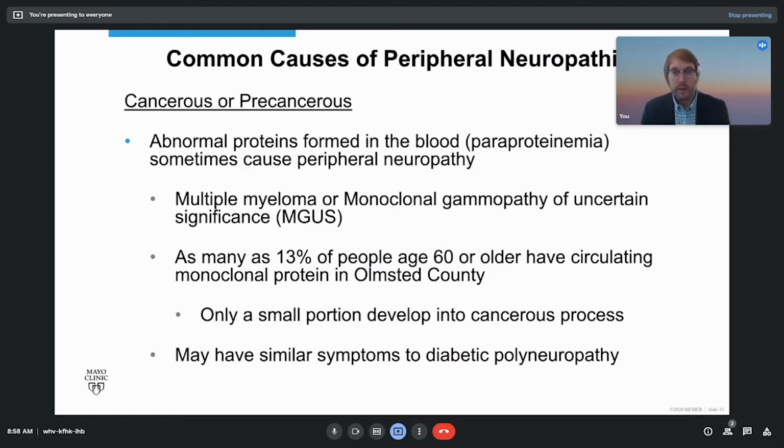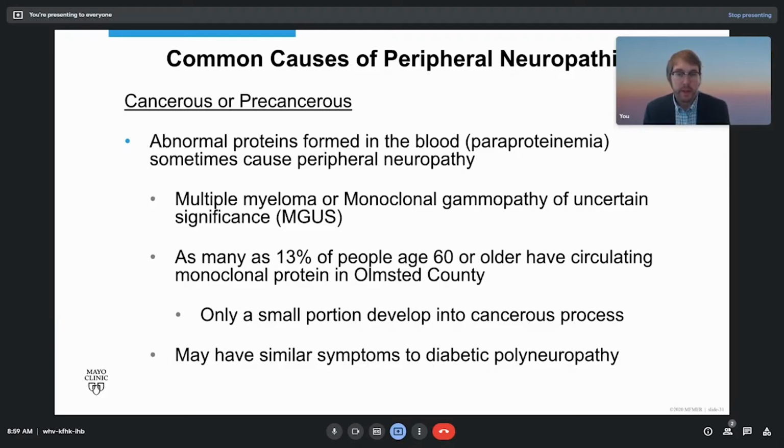Other common causes of peripheral polyneuropathy would be an abnormal protein found in the blood, which is called paraproteinemia, and this sometimes causes a peripheral neuropathy. You may have heard of monoclonal gammopathy of uncertain significance, or MGUS, which can sometimes evolve into multiple myeloma in rare instances.